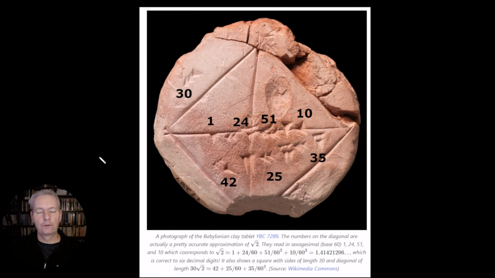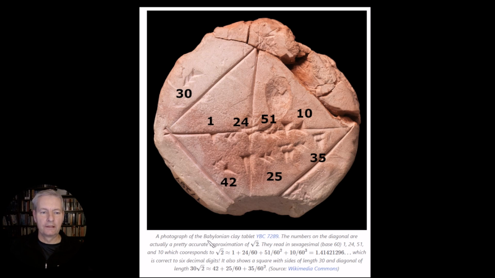Now if you're looking for some more historical details, you can always go online, and I suggest you check out YBC 7289. This shows an ancient tablet which the writing has been dated to 1600 to around 1800 BC, and it shows that they were able to work out the square root of 2 up to around 6 decimal places.